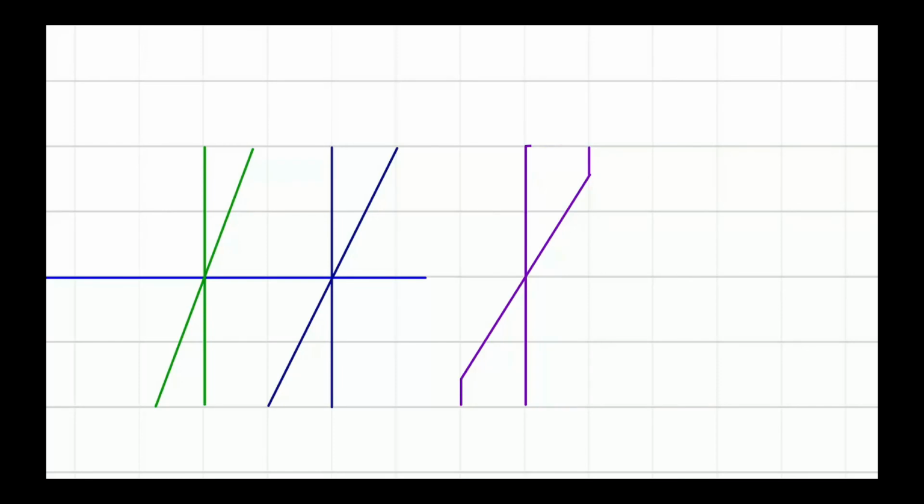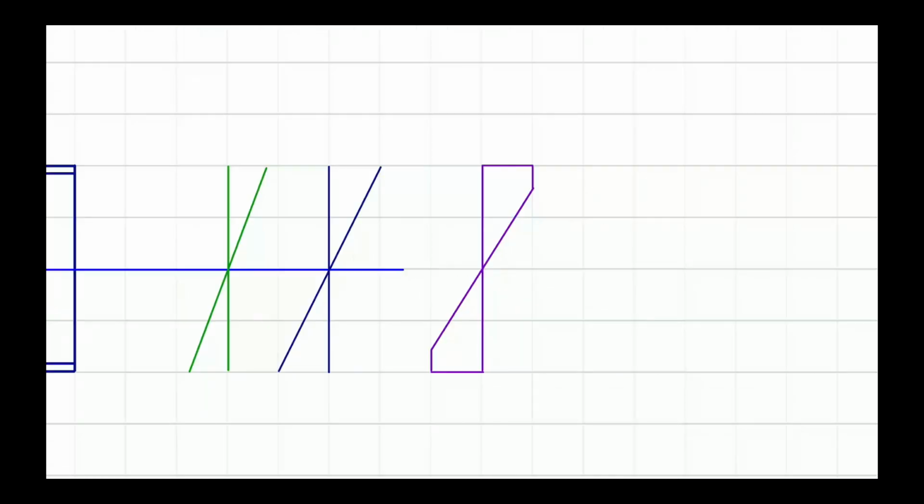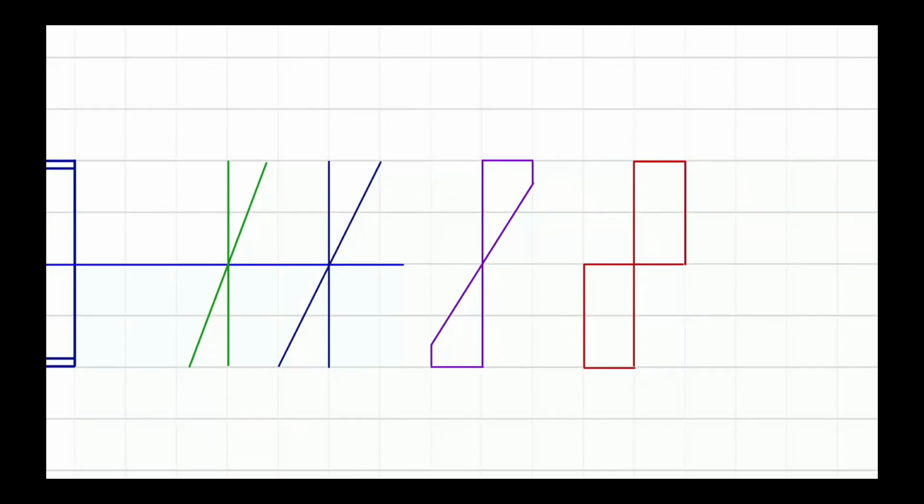Wait a bit. So we have several limit states of the beam in flexure. Okay.